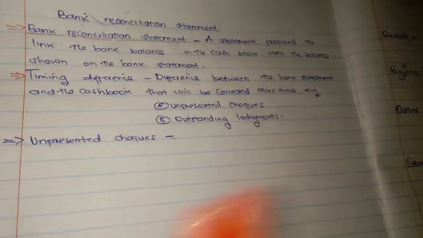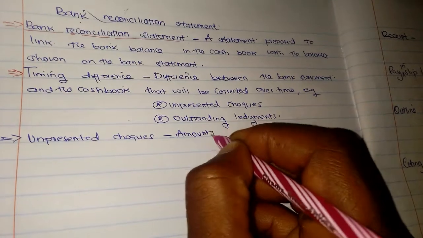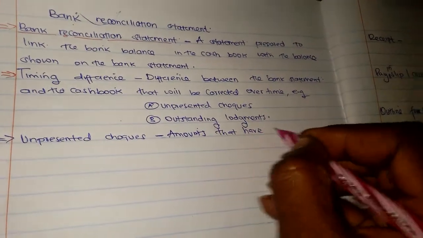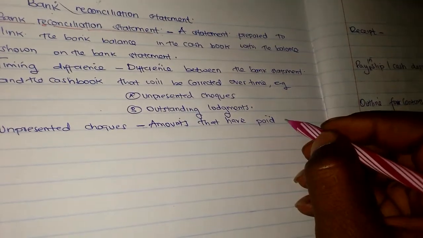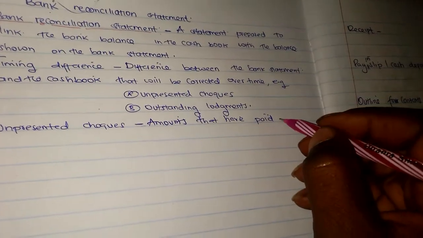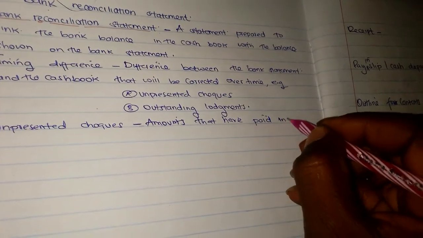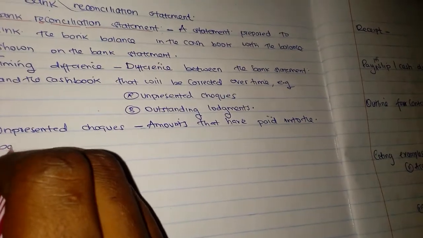So these are amounts that have been paid. Let's say someone has purchased something in your company and gives you a check, but you haven't presented it into the bank.